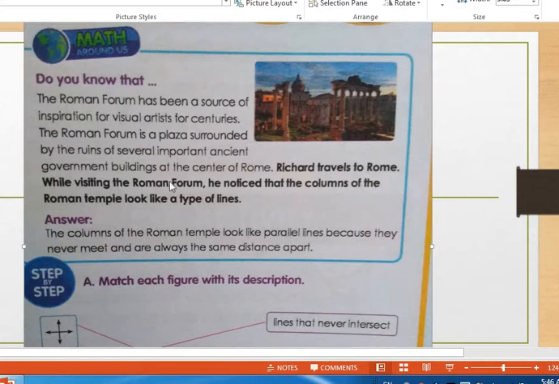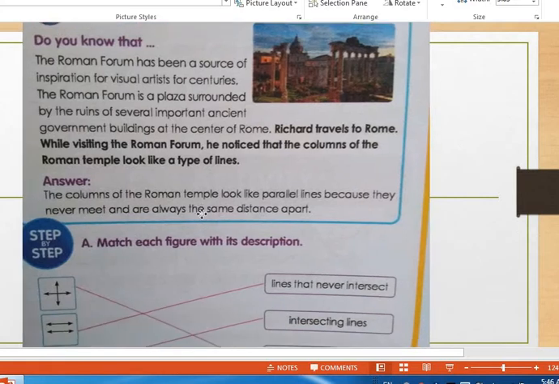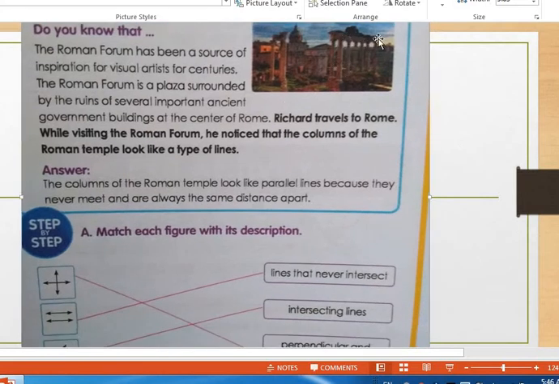While visiting the Roman Forum, he noticed that the columns of the Roman temple look like parallel lines. Why? Because they never meet and are always the same distance apart.